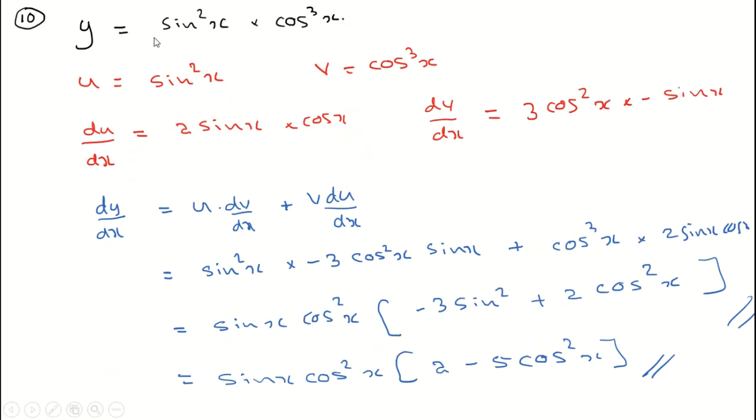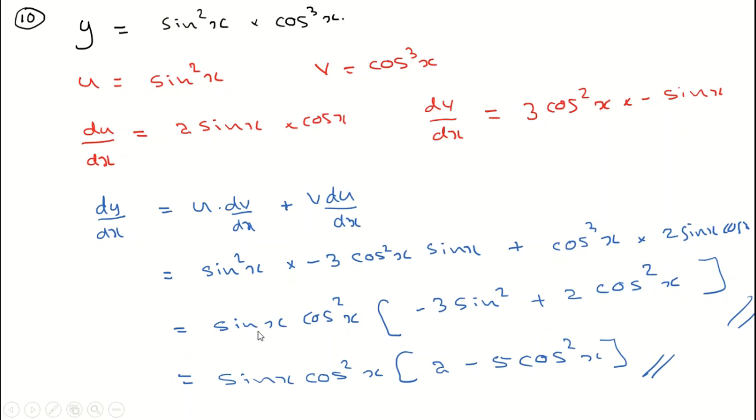Then y equals sin squared x into cos cubed x. du over dx equals 2 sin x cos x. dv over dx is equal to 3 cos squared x times minus sin x. Then you apply it here. Sin squared x into minus 3 cos squared x sin x. Then cos cubed x into 2 sin x cos x. Now here, sin to the power 3 minus cos squared, and then cos to the power 4 sin.